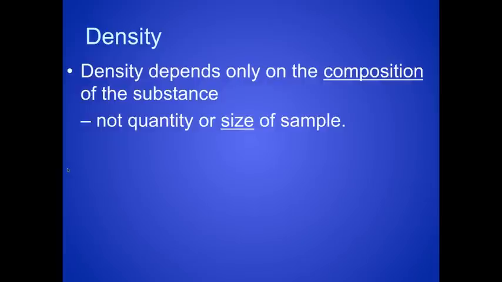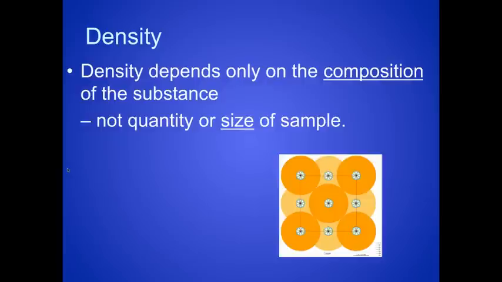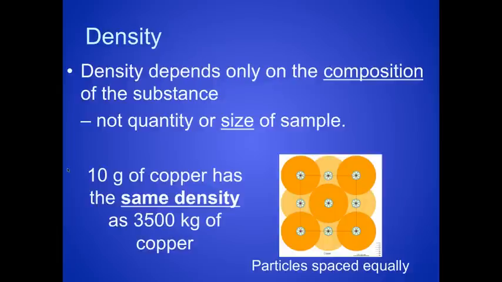Looking at the atomic level, here are some copper nuclei. You can see they're spaced pretty evenly apart. We're looking at, say, 9 nuclei right now, but if you have 9 nuclei or a huge sample, the atomic nuclei are still going to be spaced out at this distance.